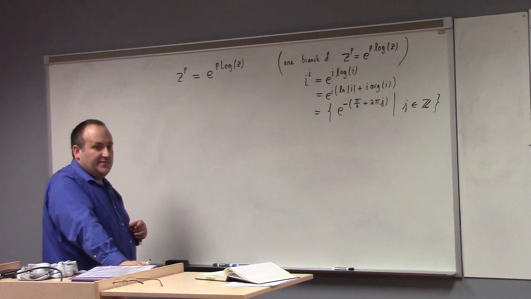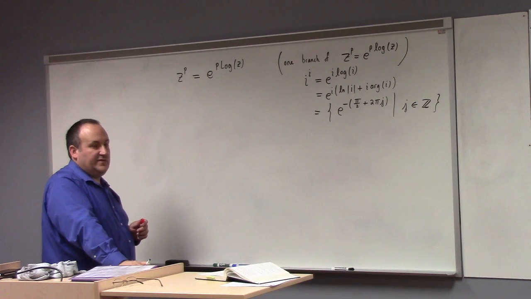It's actually got two tails, if you think about it. For j negative, it becomes increasingly large in this particular problem. For j positive, it becomes increasingly small towards 0. They're all on the positive real axis.